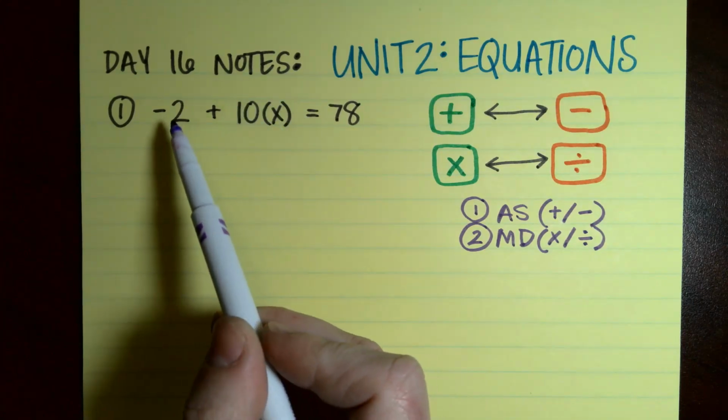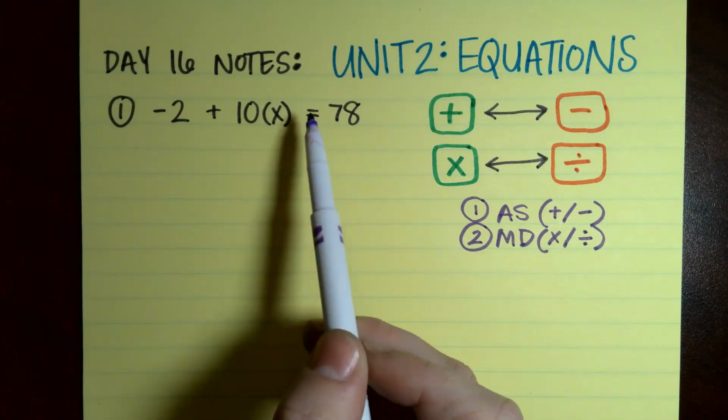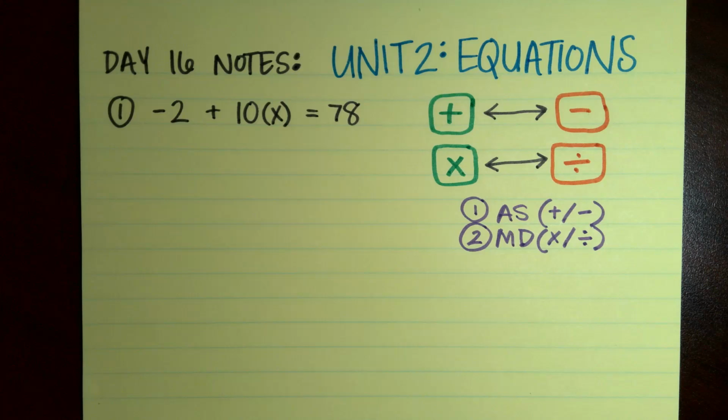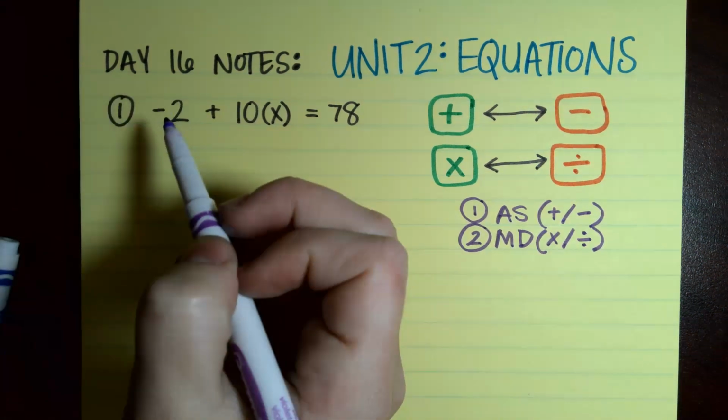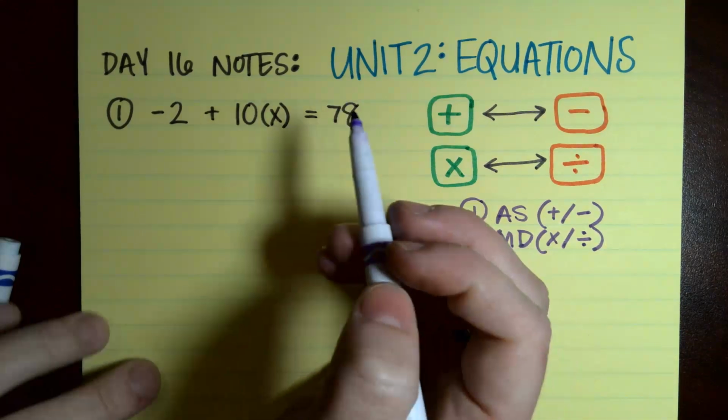All right, so following these rules, we're going to remember that our goal is to get x by itself. I have -2 plus 10 times x equals 78. What is the first step I need to take? What should I try to get rid of first? Which number? Yeah, let's try to get rid of this -2. That's going to get us one step closer to having x on its own.